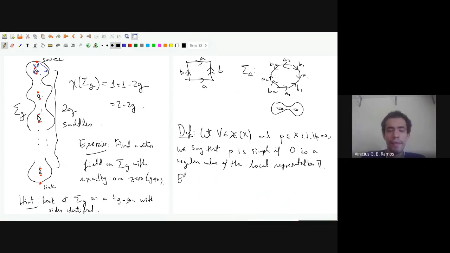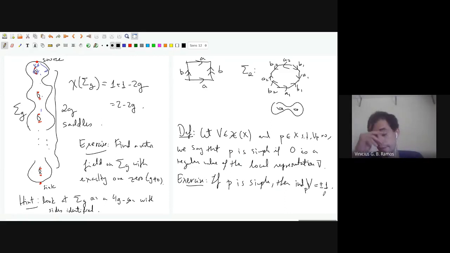And then maybe an exercise is that if P is simple, then the index of P of V at P is either plus or minus 1. I'm kind of going to do this exercise in a way or another a little bit later, but maybe just for you to stare at this and think about whether you see this or not.